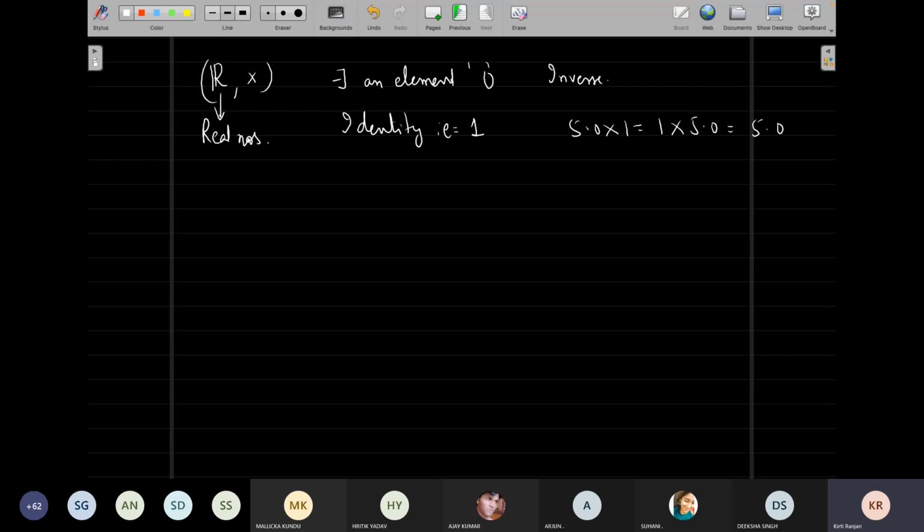So that is our identity element. Now talk about 0 as an element. If you want to get 1, you will have to multiply it by 1 over 0. But 1 over 0 is infinity, it does not belong to R. So the inverse of 0 does not exist.